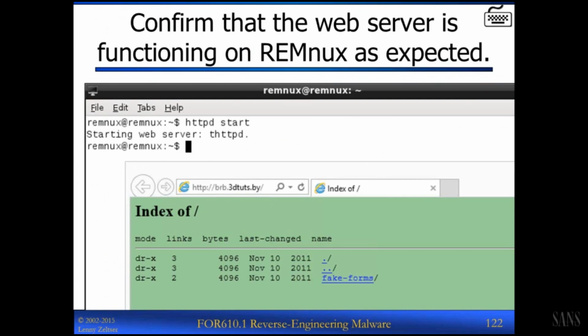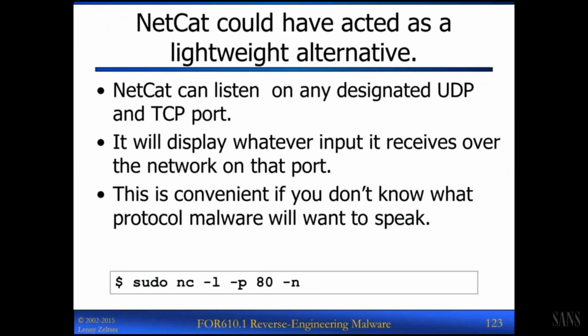Now, beyond using HTTPD, you could have also used Netcat to get a feel for some of the initial activities. Netcat, many of you may have heard of. It's the Swiss Army tool of networking tools. And it can help you not only in cases where you're dealing with something like activity over port 80, but let's say that you notice the malware communicating over port 1234, and you have no idea what service it expects on port 1234.